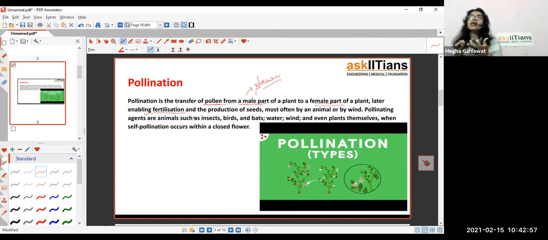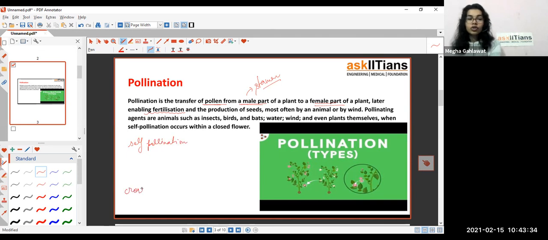Now you think that pollination is easy, right? Well, it is kind of easy, but it is of multiple types. It could be done by water, wind, animals, birds, insects. It could be done by multiple things, okay? And there are basically two types of pollination: self pollination and cross pollination.